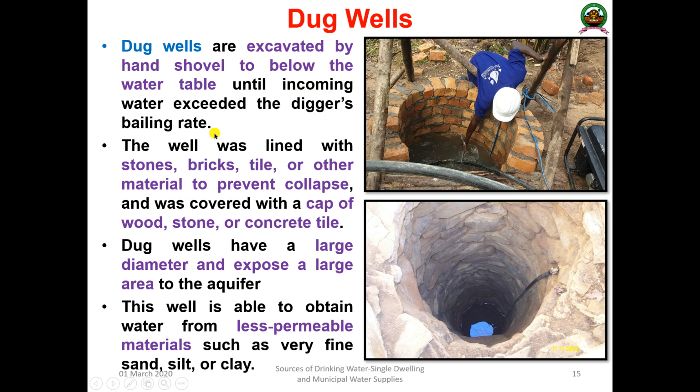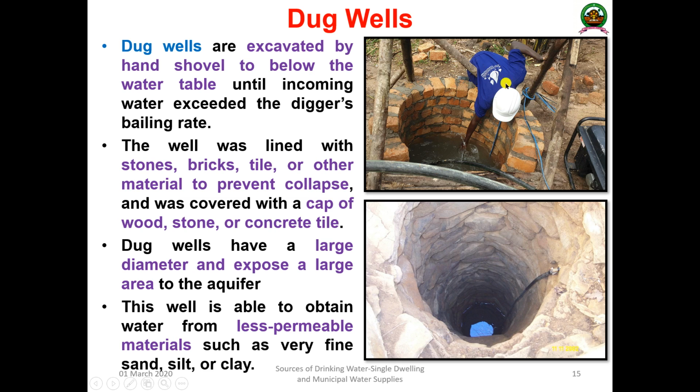The well was lined with stones, bricks, tile or other material to prevent collapse, and was covered with a cap of wood, stone or concrete tiles. Dug wells have a large diameter and expose a large area to the aquifer, and are able to get water from less permeable materials such as very fine sand, silt or clay.